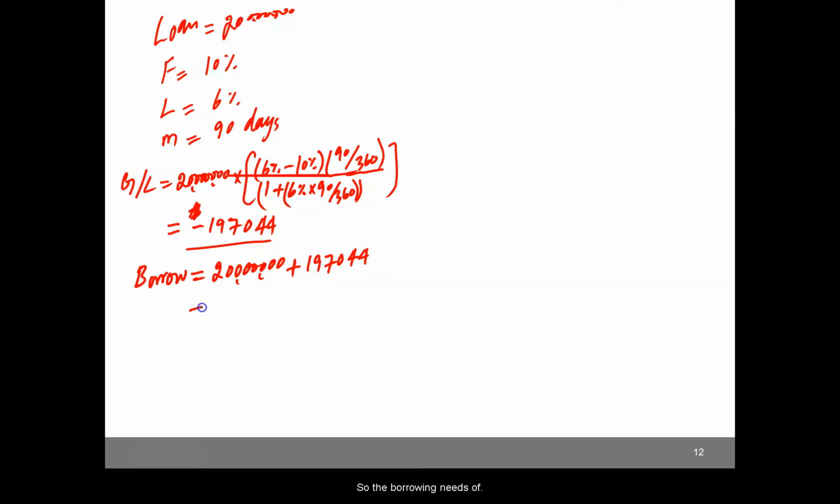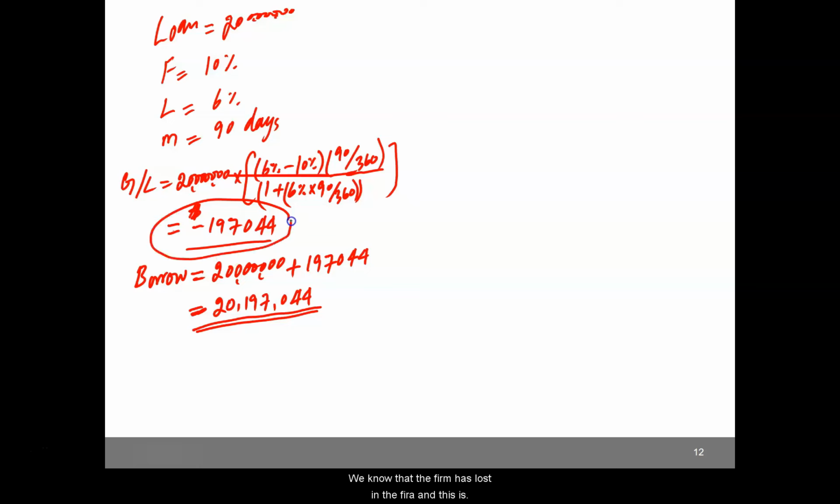So the borrowing needs of the firm would go up from 20 million to 20.197044 million. So this is assumed to be the amount borrowed, which includes the loss on the FRA, which needs to be paid to the counterparty in the FRA.